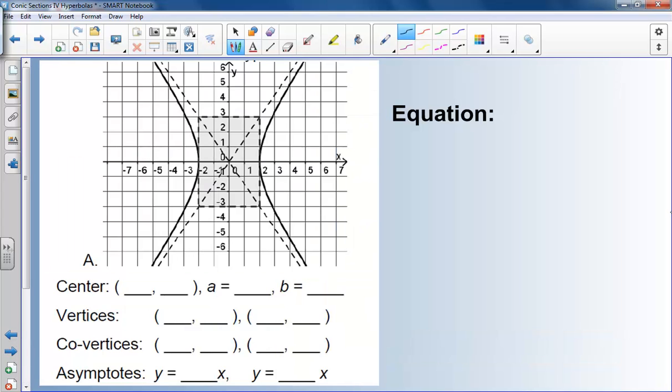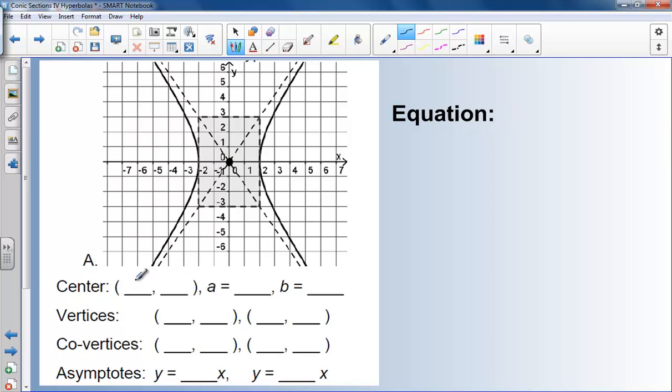Alright, so let's begin looking at how to write an equation and how to graph these, just like we've done with each of our conic sections. So you have to know how to write an equation given a graph, and we're going to use our calculator some to help us here to find some of these parts, but we have to be able to write an equation first. So we're going to begin with this, our center, where the asymptotes meet, the middle of everything, and that is going to be my hk value.